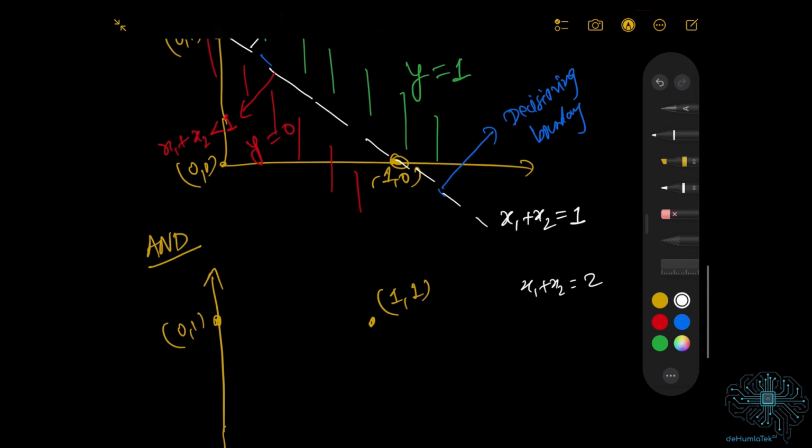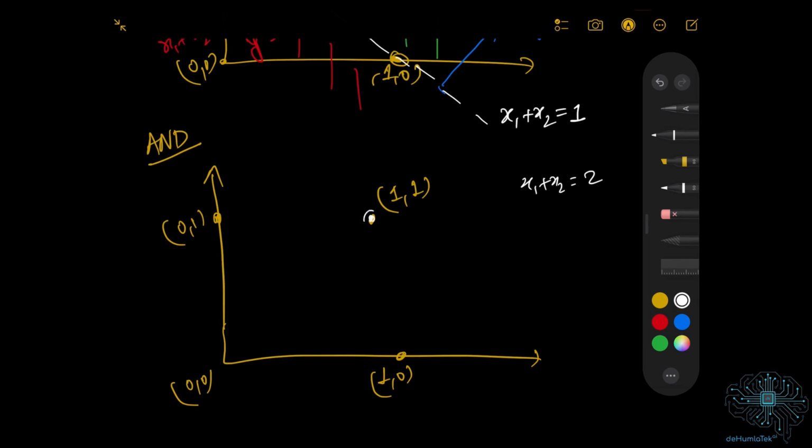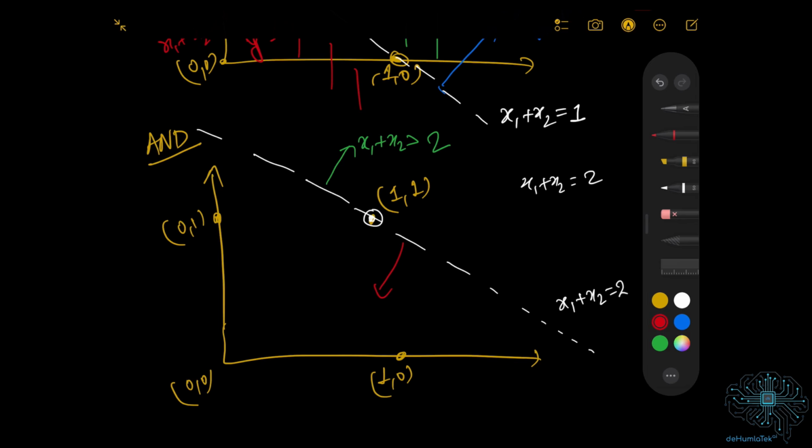This line passes through this point. This is the region where x1 plus x2 is greater than 2, and this is the region where x1 plus x2 is smaller than 2. This is the region where our neuron will fire, so our output will be 1.